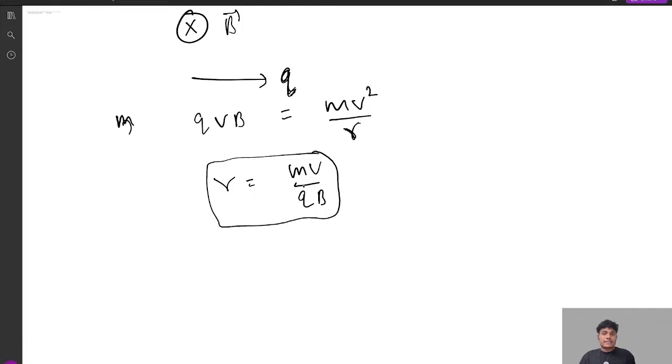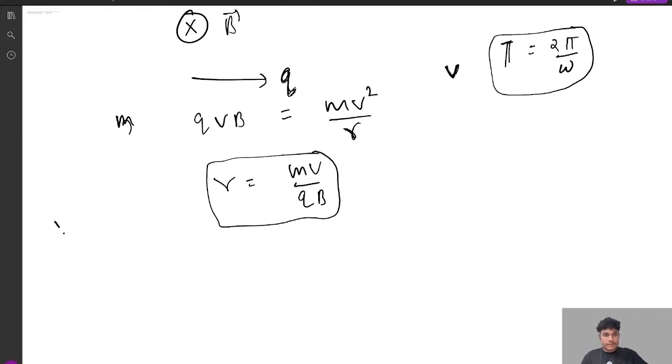This is the radius. And what is the velocity? What is our velocity? From here we get what is our time period, that is 2 pi by omega, that is angular velocity.